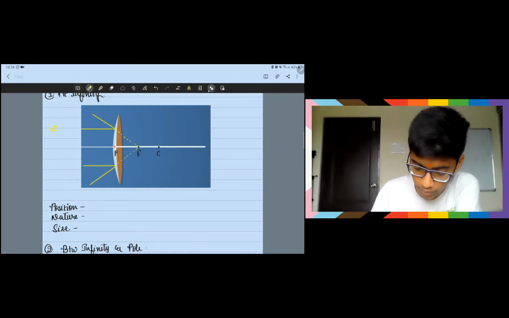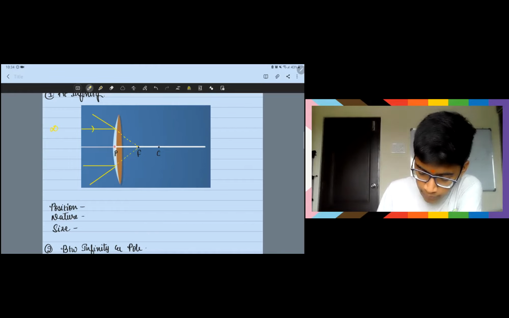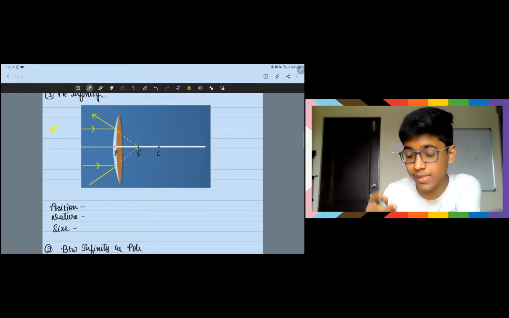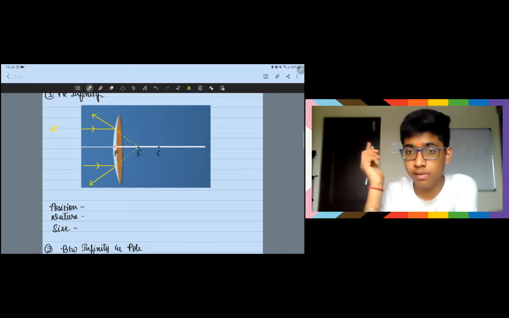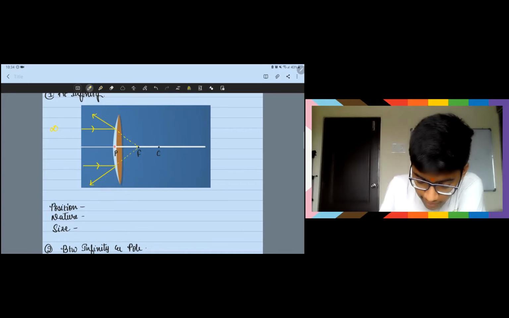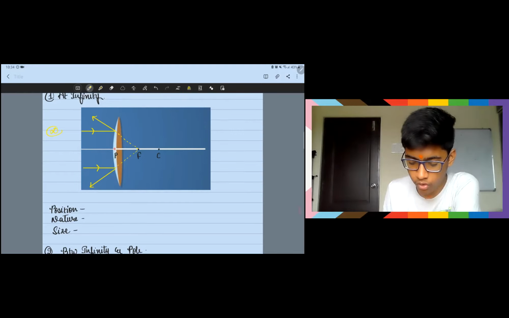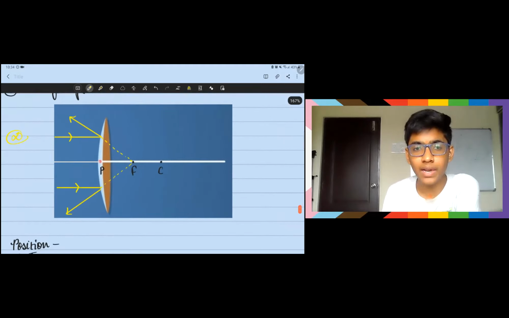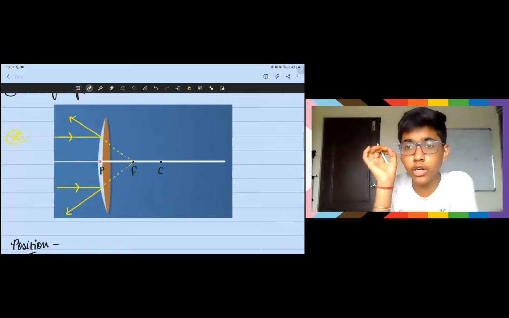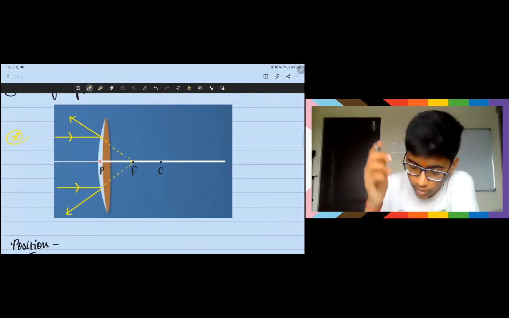Now keep the arrows, do not forget the arrows. Any light ray which comes parallel to the principal axis, after reflection appears to pass through the focus. The object was at infinity, so the rays were parallel. As you can see, the rays were parallel, so a point image is formed at the focus.